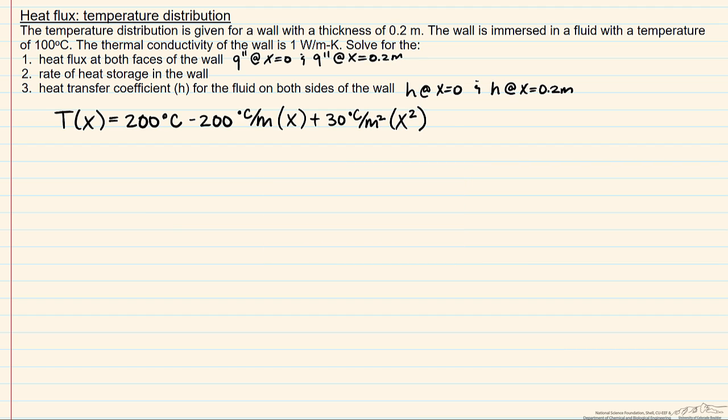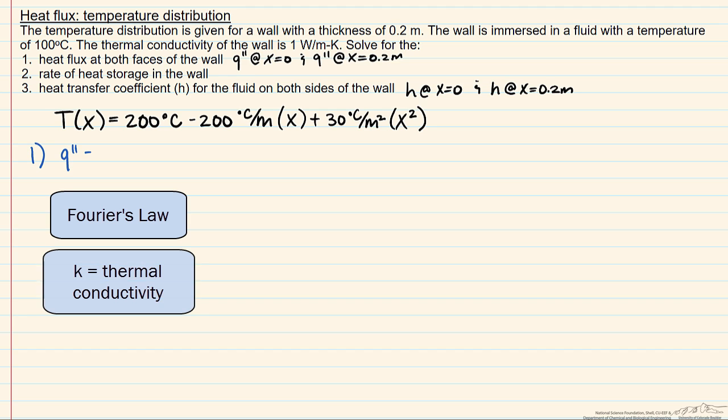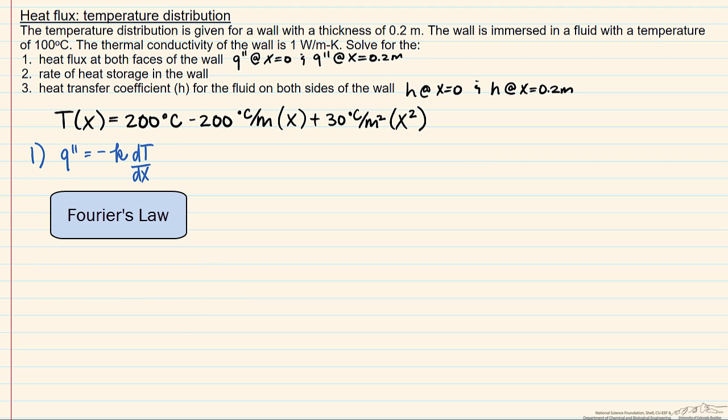So let's start with the first problem. We know that q double prime is equal to negative k times dT/dx. And since we're given k, we can solve for dT/dx by taking the derivative of our original temperature distribution with respect to x.